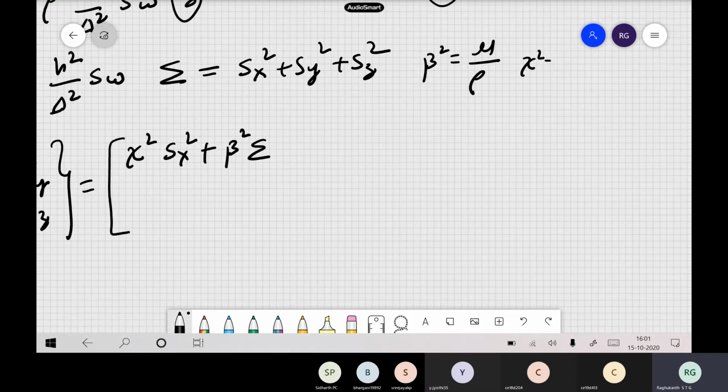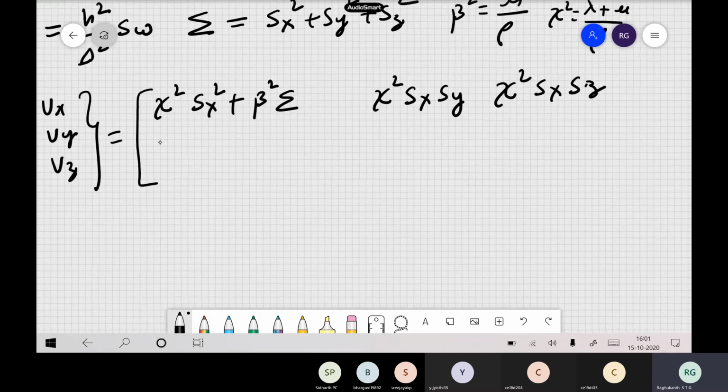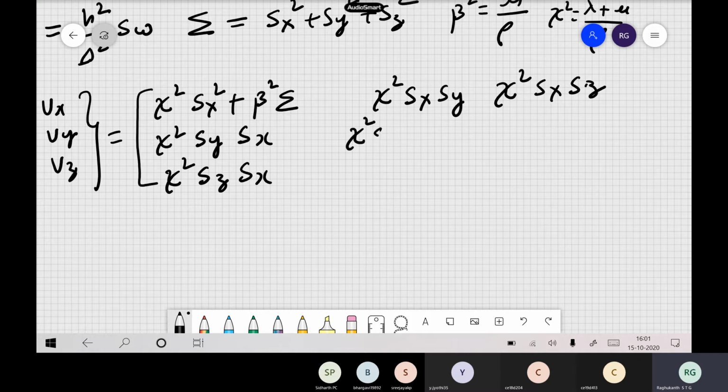So psi square is lambda plus mu by rho. So is this one, and psi square sx sy, and then we have psi square sx sz. Okay, now here the other term is psi square sy sx, then psi square sy square plus beta square into this sigma, and psi square sy sz.